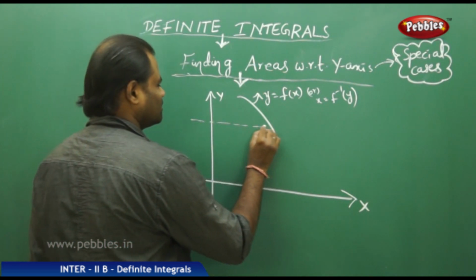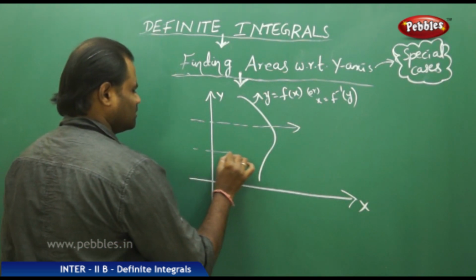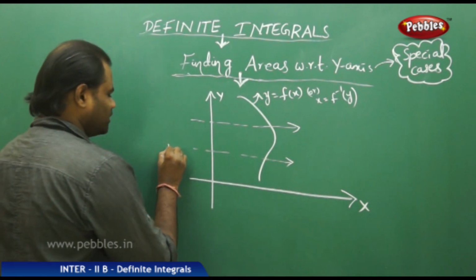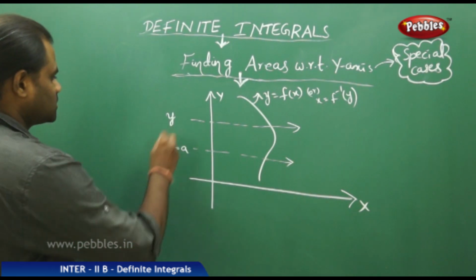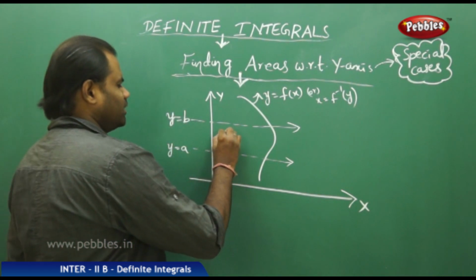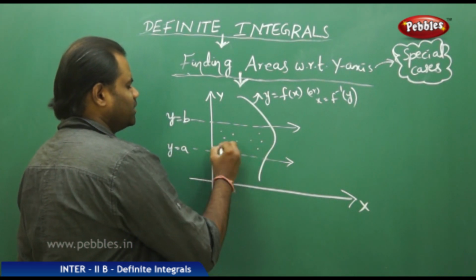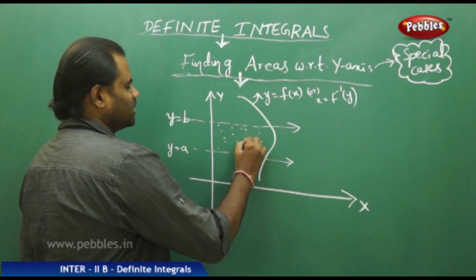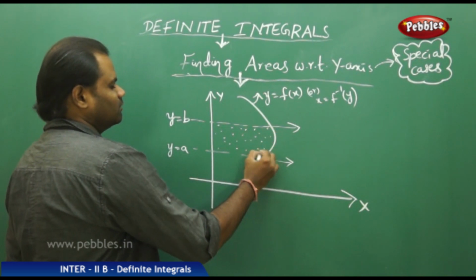Then in order to find the area of the shaded region, and this is the upper limit, which is y equal to b, finding the area of this shaded region comes as the special case of only one curve.